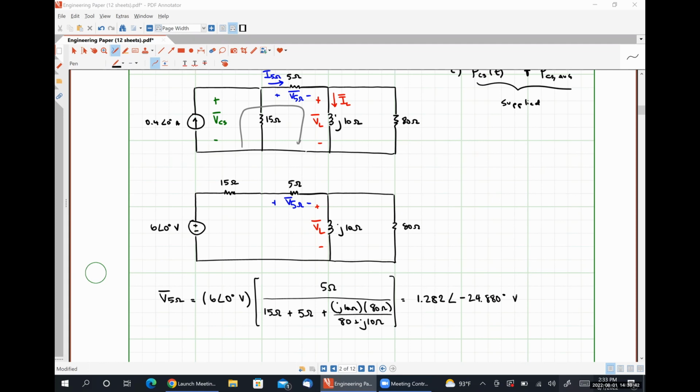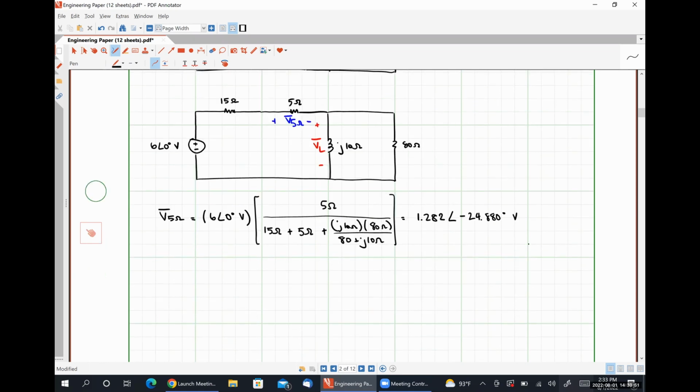Yep, okay. So I feel pretty strongly that this is the correct answer for V5 ohms. For VL, actually, you know what? Let's hold on a minute here. Let's figure out what the power absorbed by the 5 ohm resistor is first before we move along here.